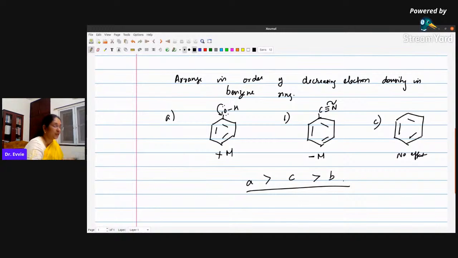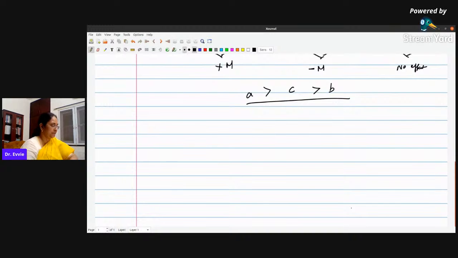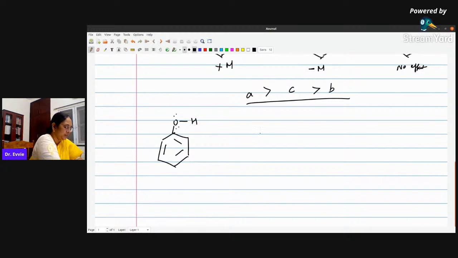Now, I just want to tell you some exceptions on this, which I didn't discuss last time. Okay, so now let me give you some compounds like this. See, the more examples you work out, only then it will be clear. Then you have NH2 group, also called aniline.